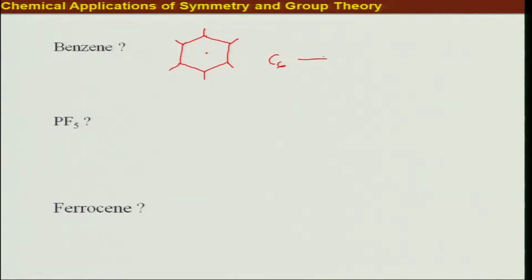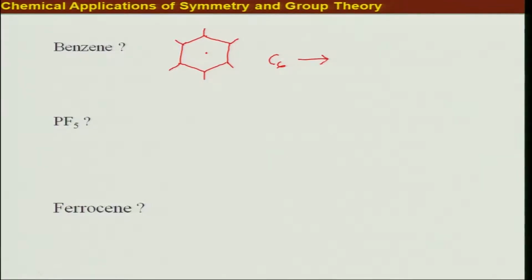Proper rotation is there, and for this molecule I do not have to care about the possibility of any special groups, because it is not that only sigma is there or only I is there. It is not a linear molecule, and since C6 is there, it can generate a lot of other symmetry elements. I can see a lot of planes there, a lot of perpendicular C2s there. So they have many other symmetry operations.